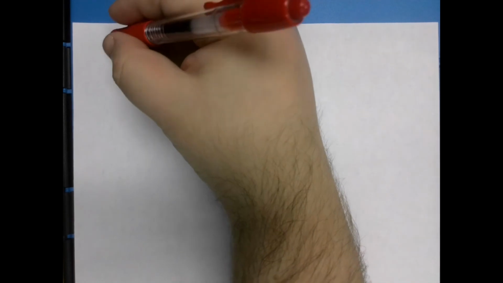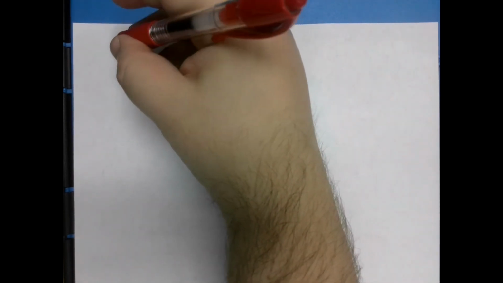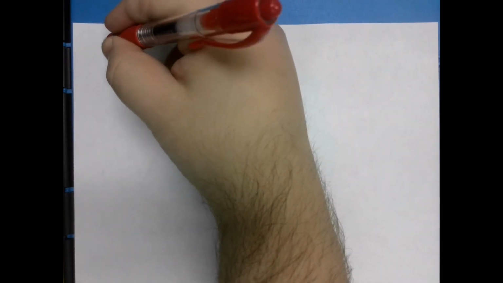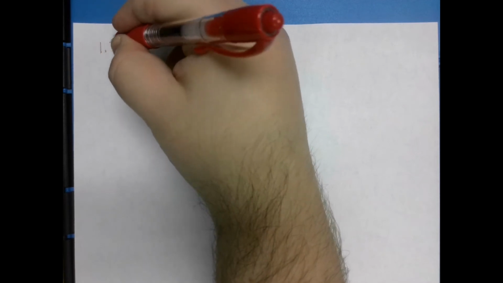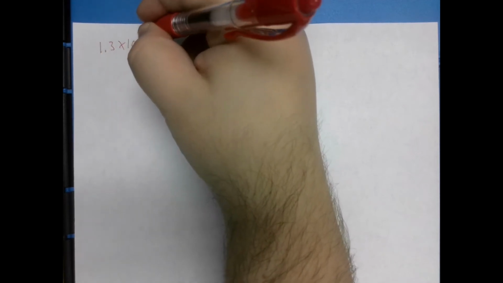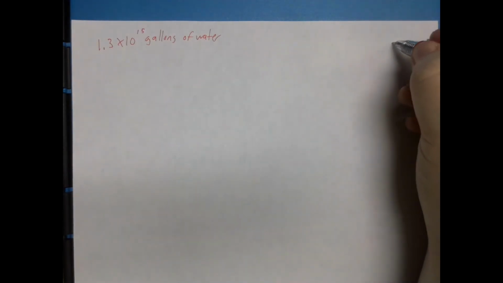This is probably not a problem that really requires dimensional analysis. But the main number given is 1.3 times 10 to the 15 gallons of water, and we are looking for days.